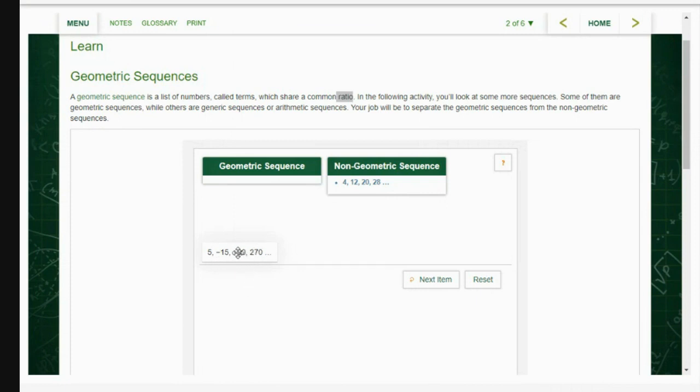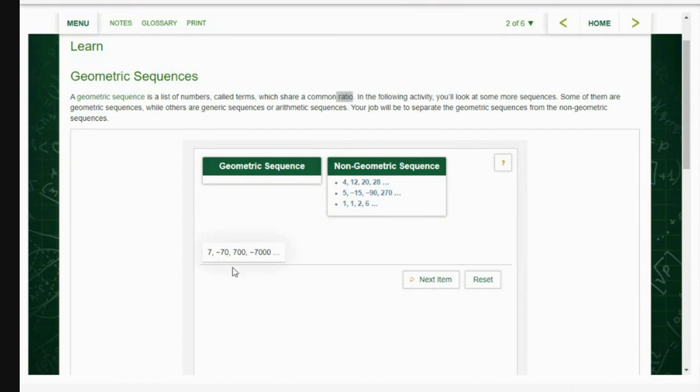It's not consistent. So it always has to be consistent. 1, 1, 2, 6. Well, that's obviously not geometric because 1 divided by 1 is 1, but 2 divided by 1 is 2. 6 divided by 2 is 3. It's doing something there, plus 0, plus 1, plus 4, but that's not geometric.